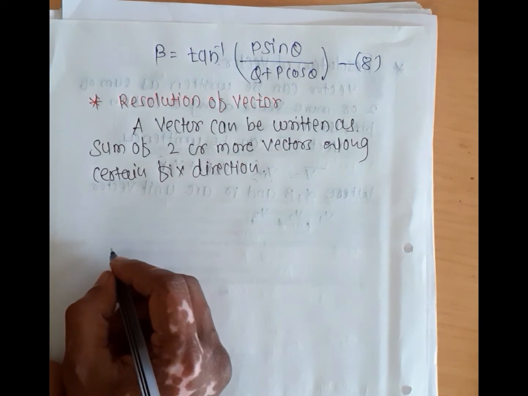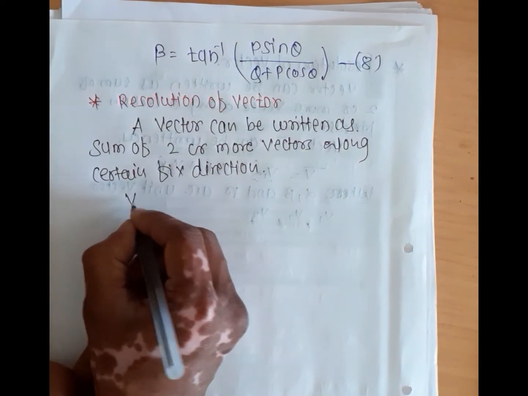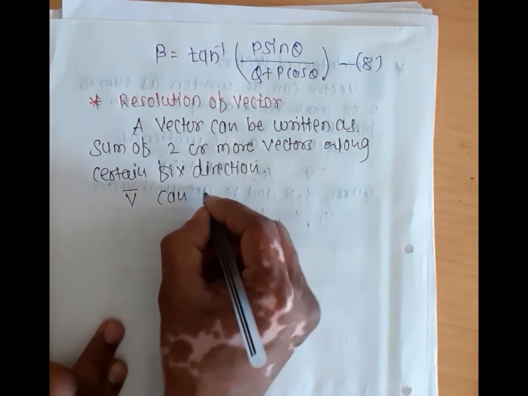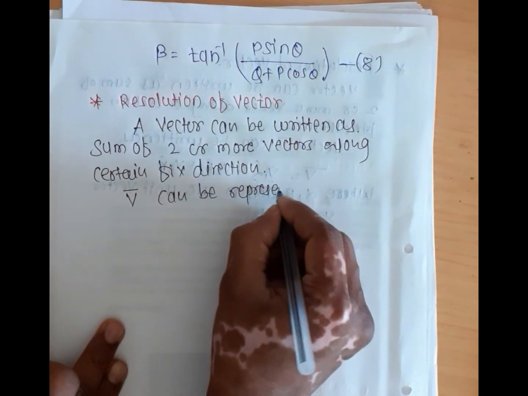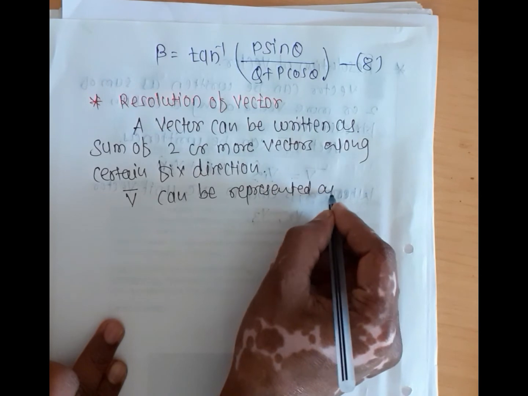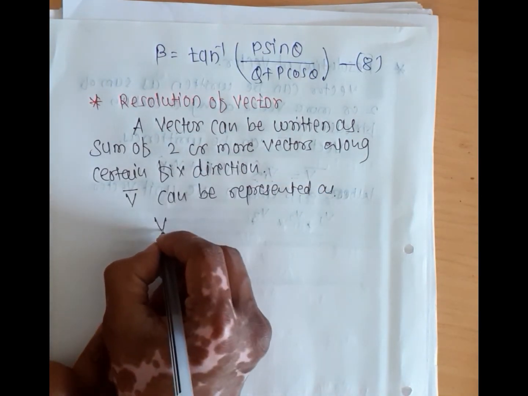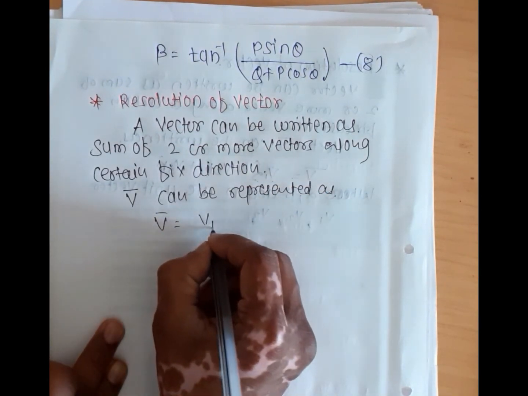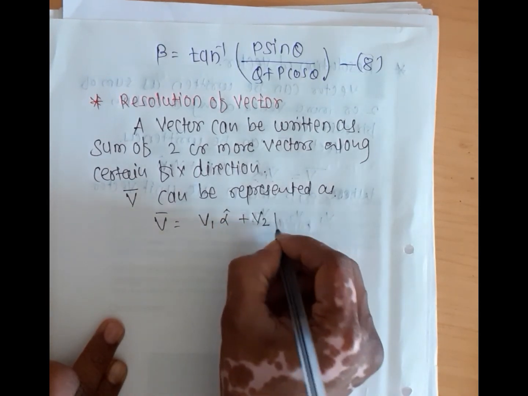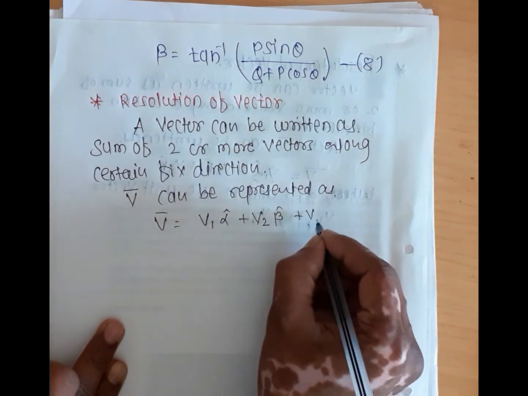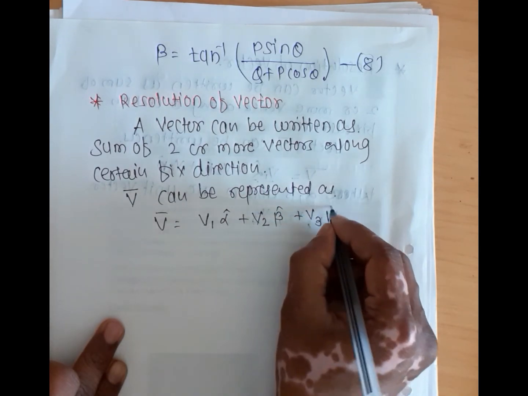Okay, so here we represent one vector. V bar can be represented as V bar is equal to V1 alpha cap plus V2 beta cap plus V3 gamma cap.